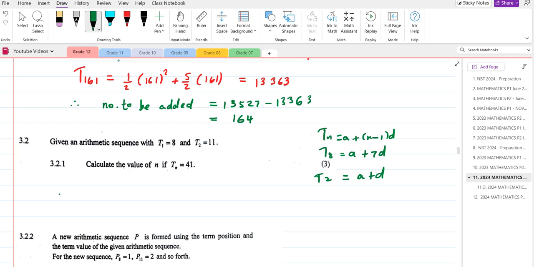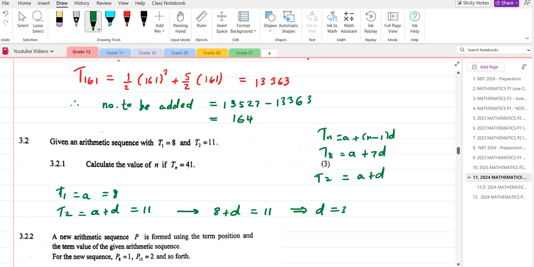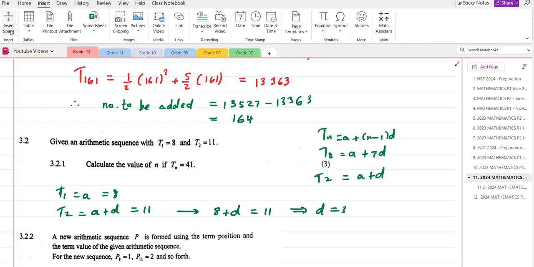So term 1 is equal to a, and that's 8. And term 2 is a plus d, which is equal to 11. So we can solve this. A is 8. 8 plus d is equal to 11. This implies d is equal to 3. 11 minus 8. Alright, so we got d value which is 3.